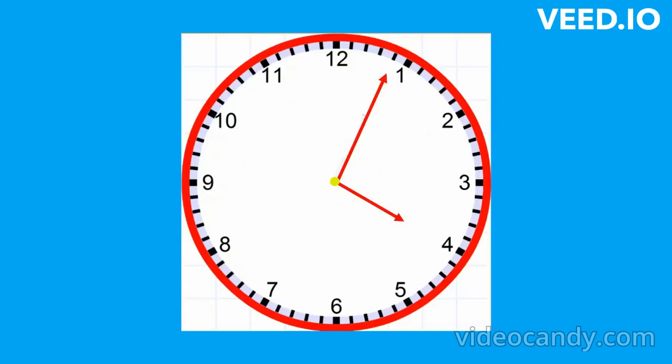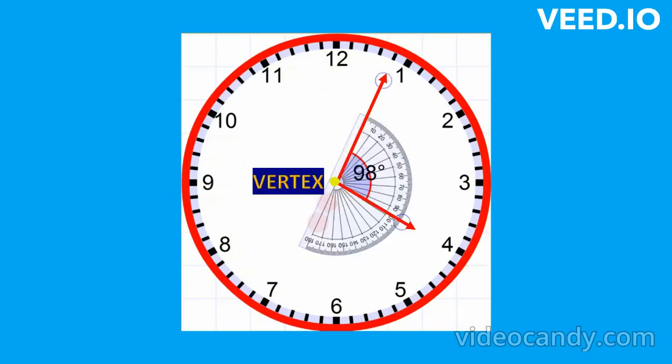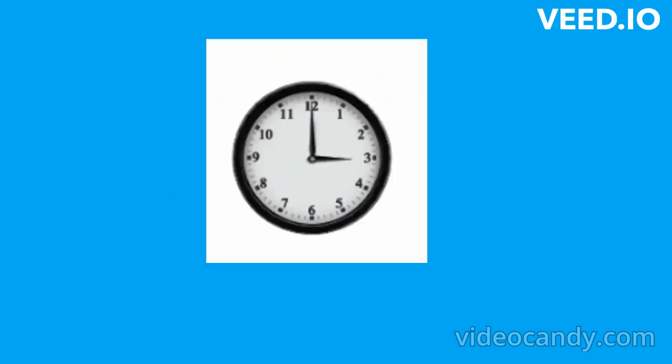Now we have another example here where the hour hand and minute hand are meeting at a point. This is the angle that these two lines are making. The angle may be 98 degrees. See, the hour hand and minute hand are meeting and they are making some angle there.